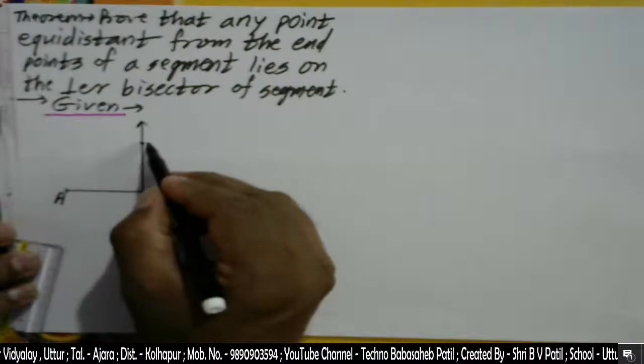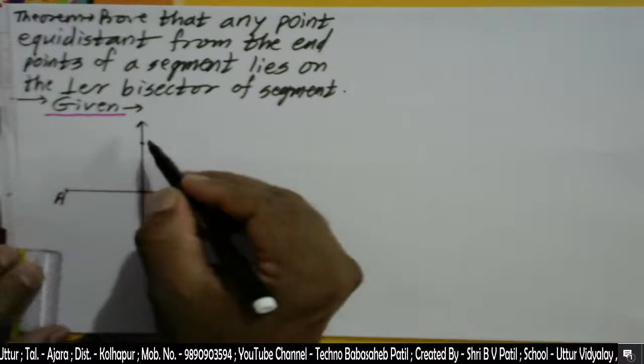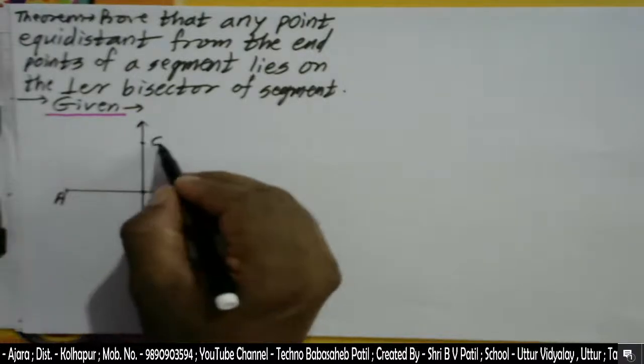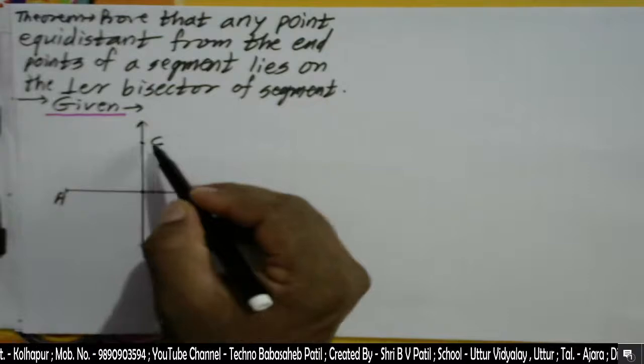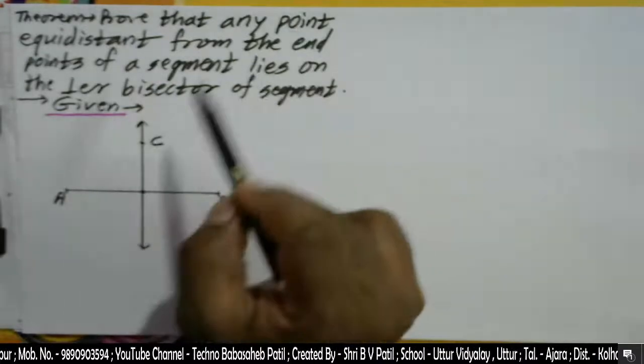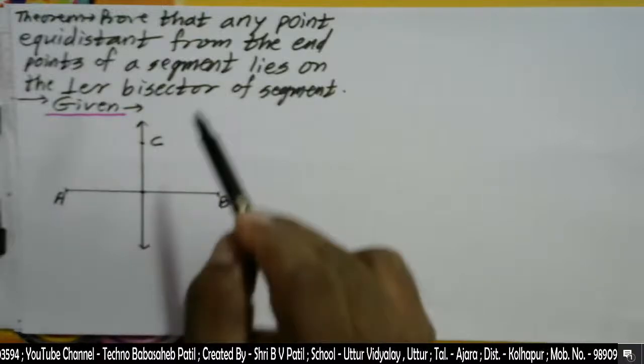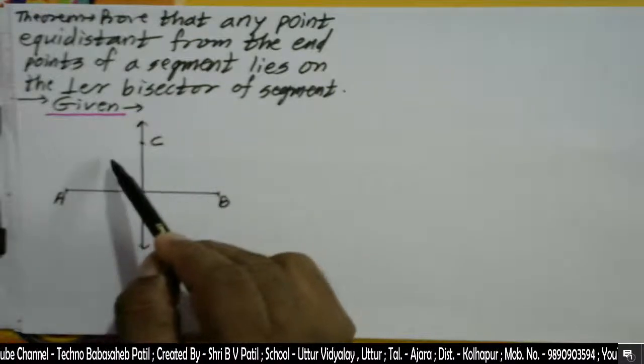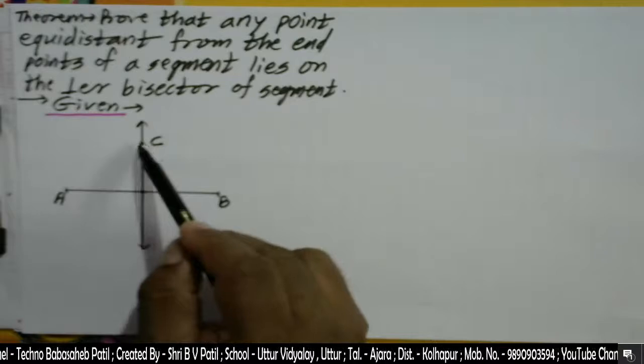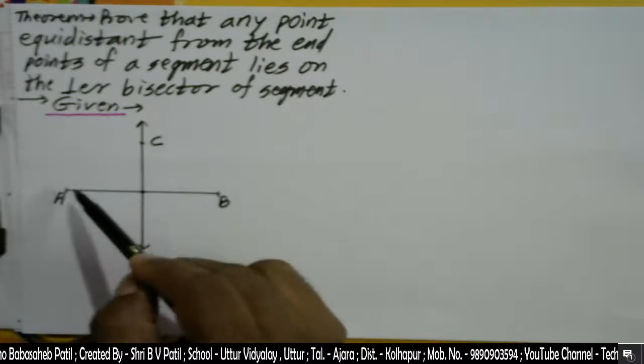Here point C we consider, and that point, any point, is C, equidistant from endpoints of segment. This point is equidistant, means it's equal distance from endpoints.